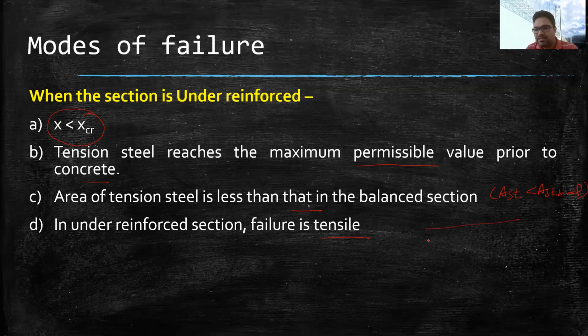If the beam is like this, and it is failing under the under reinforced section, you can see this beam will deflect more. When the steel fails, the deflection will be very high. Because of this excessive deflection, we consider this failure as the ductile failure or the tensile failure.